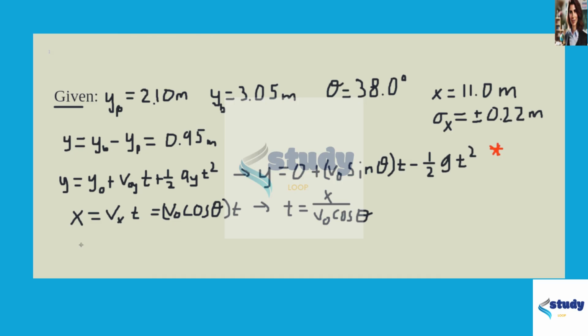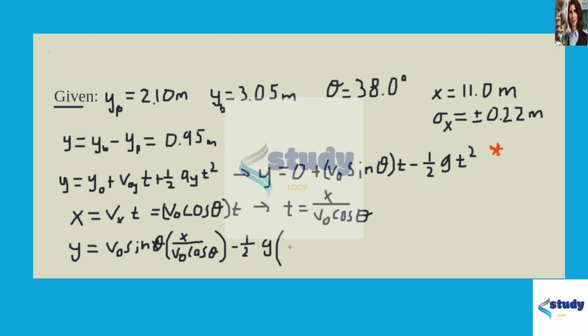We find that y is equal to the y naught, we'll just ignore that, right? V naught sine theta, then plug in what we just found for time, which is x divided by V naught cosine theta, minus 1/2 times the gravity times t squared.